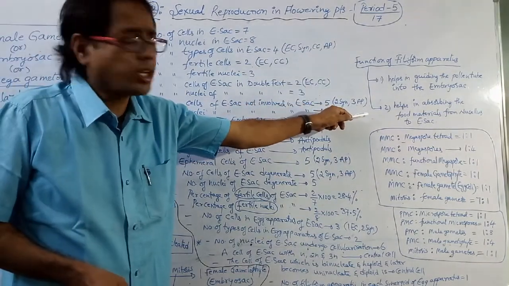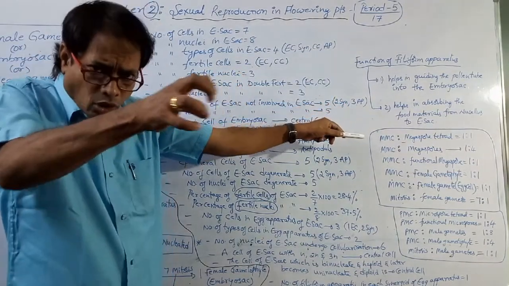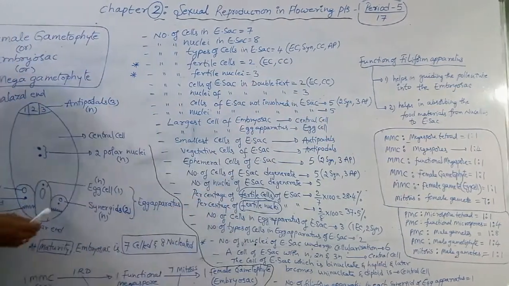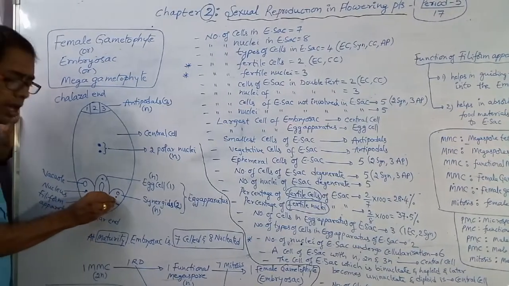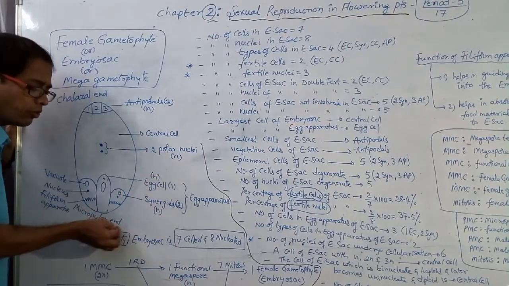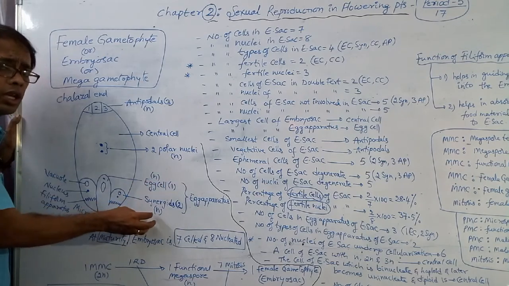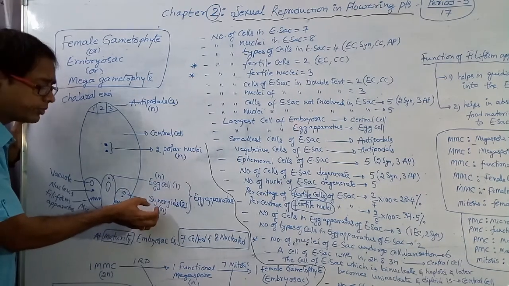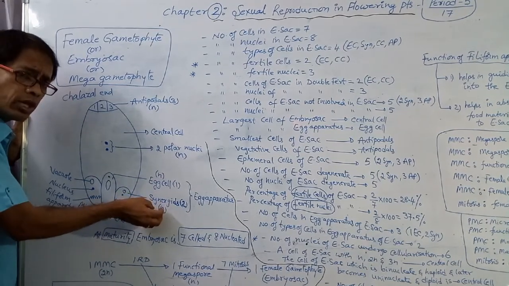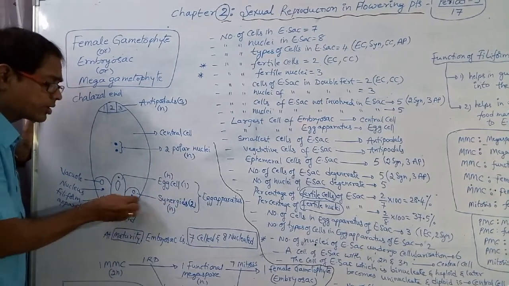The second function is that it helps in absorbing the food materials from the nucleus to the embryo sac. So this filiform apparatus absorbs the food materials. What is the surrounding part? The nucleus. The food materials from the nucleus, this filiform apparatus will take.